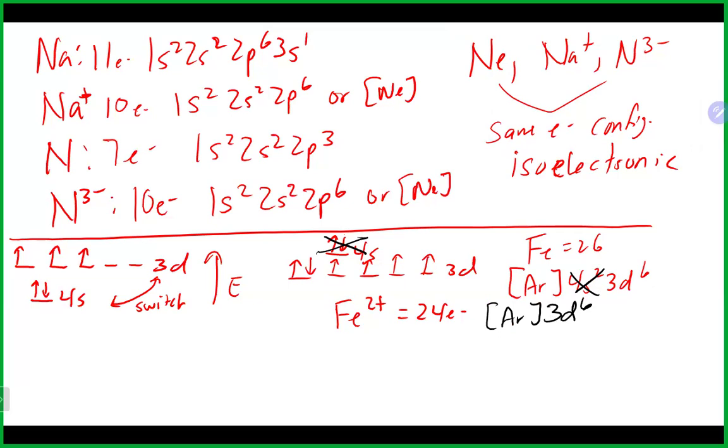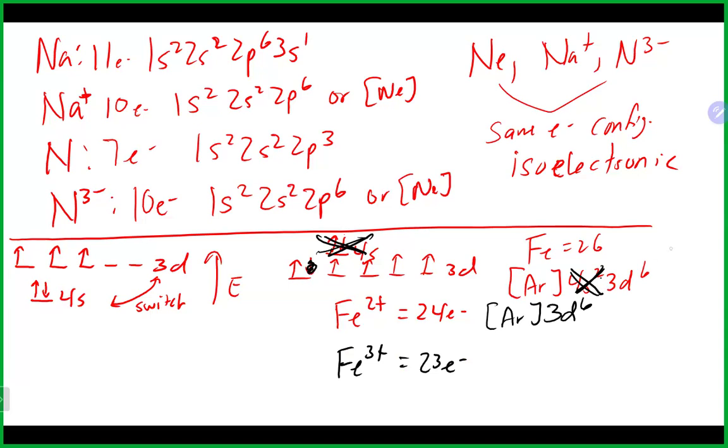And an interesting thing about transition metals is they also have those d electrons that they can lose as well. So for example, iron's a good one. If we want to go to iron with a +3 charge, it's now 23 electrons. We again would take out the 4s2, but now we need to lose one more electron, and that's going to come right here.